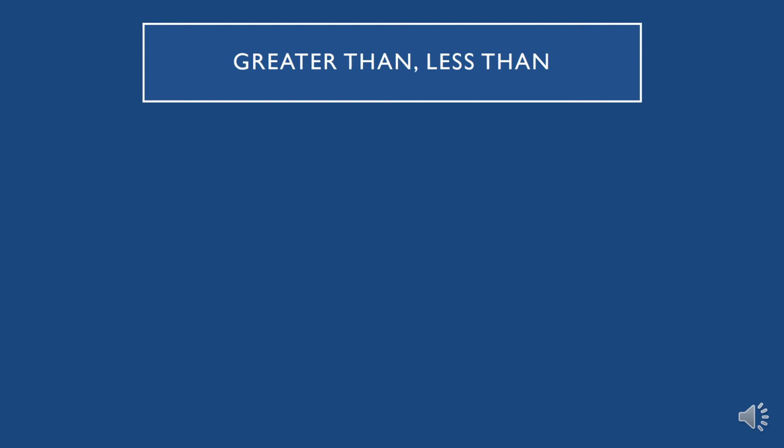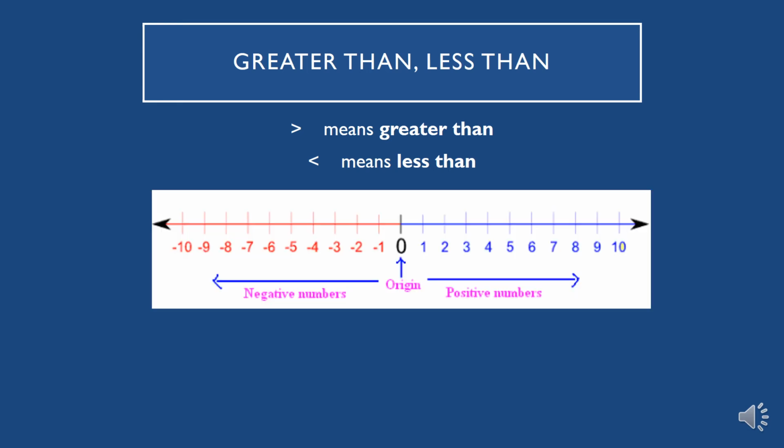So greater than and less than. I've been using these words already. Here is the mathematical symbol. Greater than looks kind of like an arrow and it is pointing to the right. Of course, that was the direction of the positive numbers. Less than is shown by this arrow symbol in the other direction to the left. Okay, so always remember that right is for greater than and left is for less than.